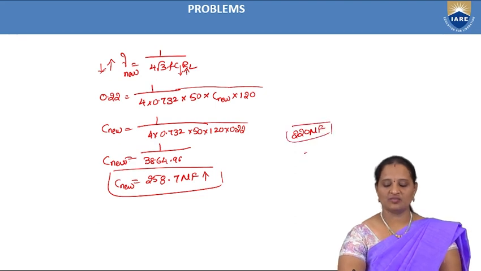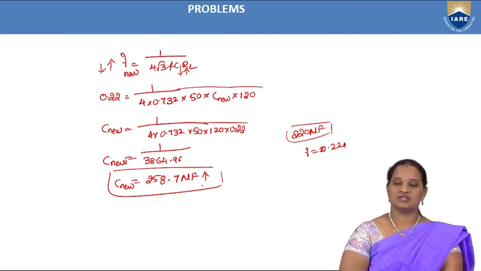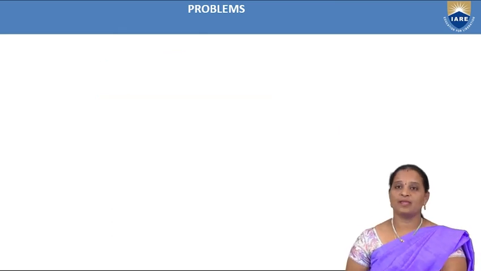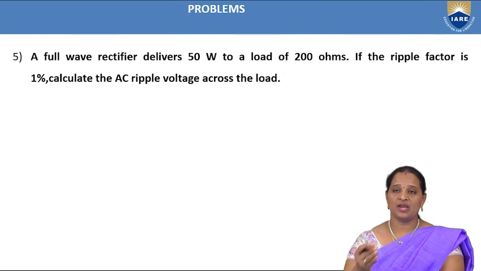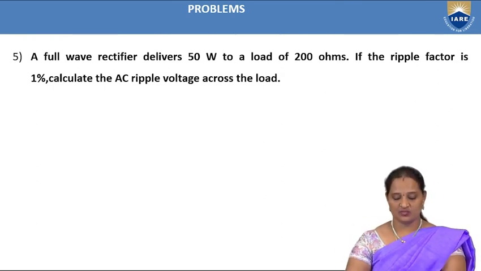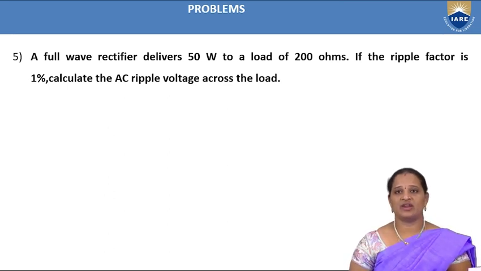Now I have reduced my ripple factor by 15%. That is, my new ripple factor is 0.22 and hence the capacitance is increased. That means we have to use 258.7 microfarad capacitance in order to maintain a ripple factor which is 15% less than the previous one.